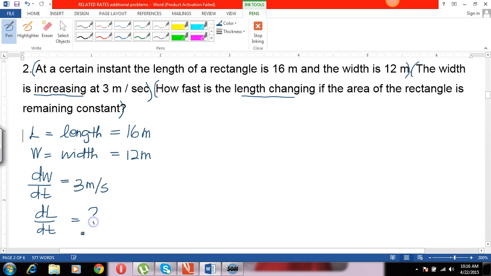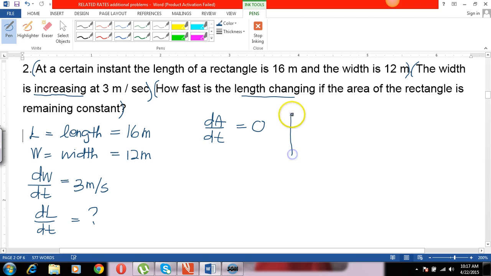If the area of the rectangle is remaining constant, so meaning that the increasing or decreasing of the area is no value, remaining constant, 0. So dA over dt should be 0.